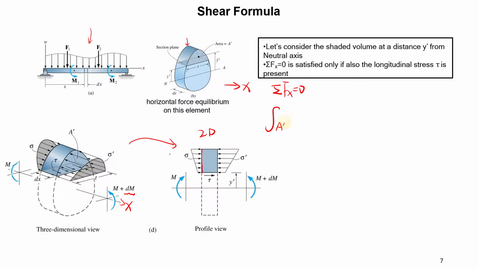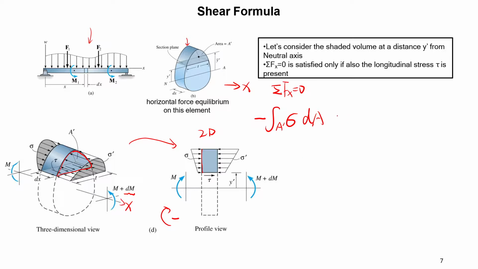Let me highlight that small area A prime. The stress generated on that face is sigma, and we do the integration across that area, dA. Now let's think about the sign of that moment. The moment is going clockwise, and clockwise, as we have defined, is negative, so there's a negative sign here.